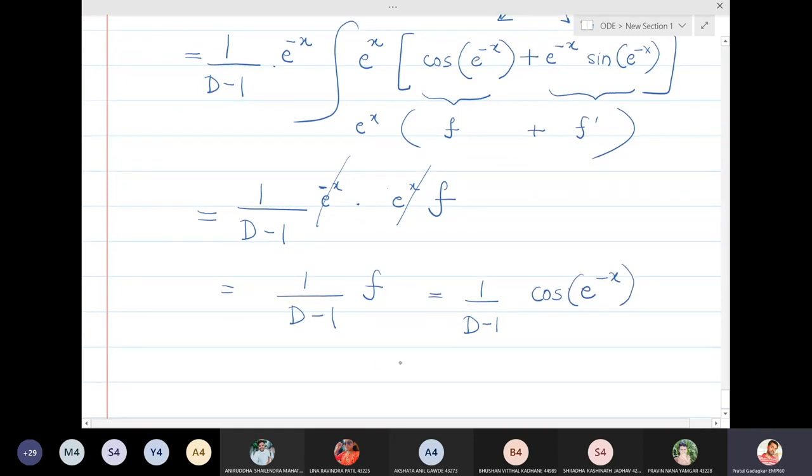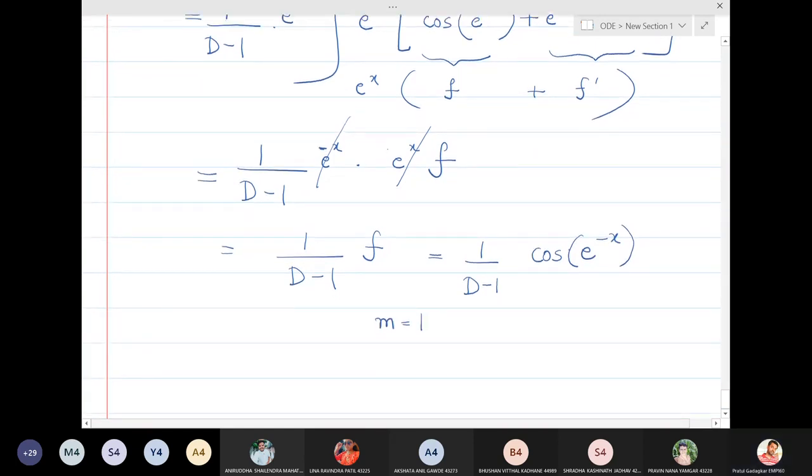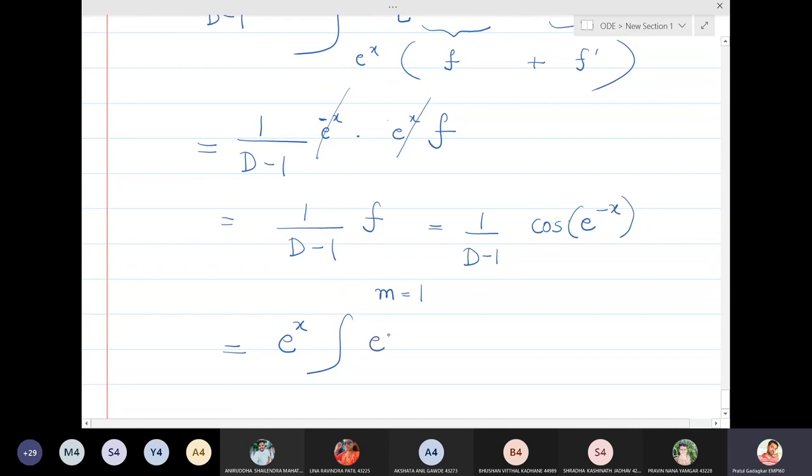And put m equal to 1 in the formula. So it is e raised to 1x integration e raised to minus x into the function. The function is cos e raised to minus x dx. Okay, I hope I'm clear up to here, and I have possibly made no mistake.